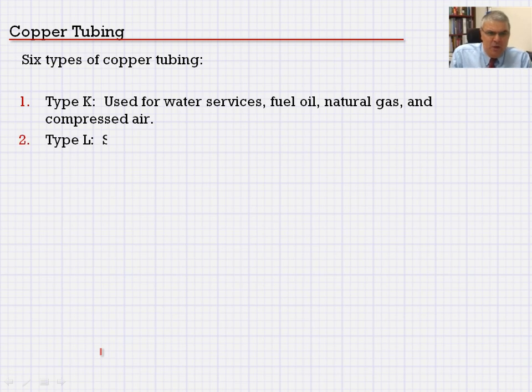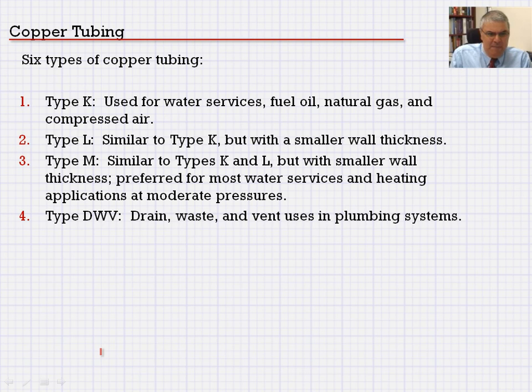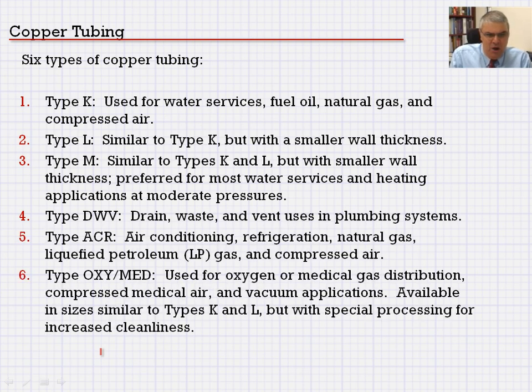There are 6 types of copper tubing available: type K, type L, type M, type DWV, type ACR, and type OXY/MED. Let me start with number 6, the OXY/MED, used for oxygen or medical gas distribution. I started with that because in some cases they're a lifeline to many people, so it's important to discuss those first.